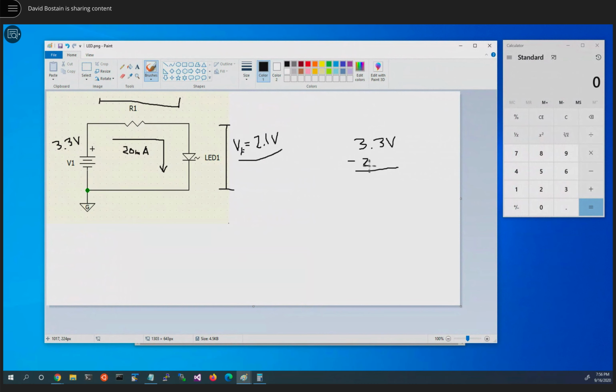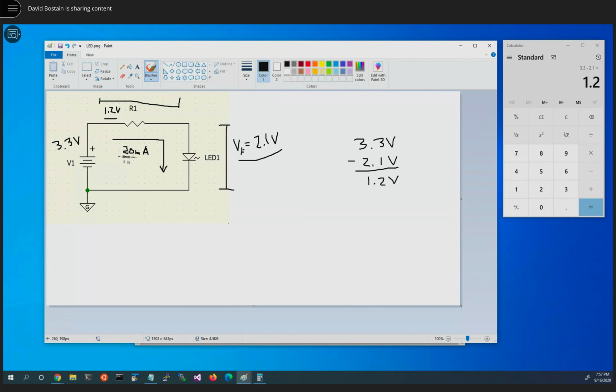So we can do this on the calculator if we don't want to do it by hand. 3.3 volts minus 2.1 volts equals 1.2 volts. That means our resistor has available to it 1.2 volts.